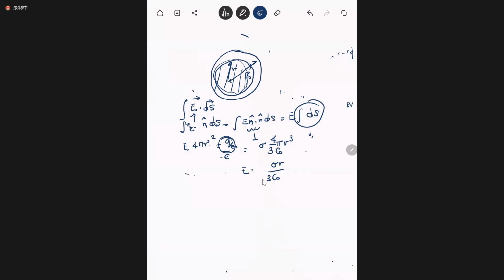What I've done over here, the 4 pi, this was 4 pi r squared. From here, we can solve for E, and E was this thing over here, right?